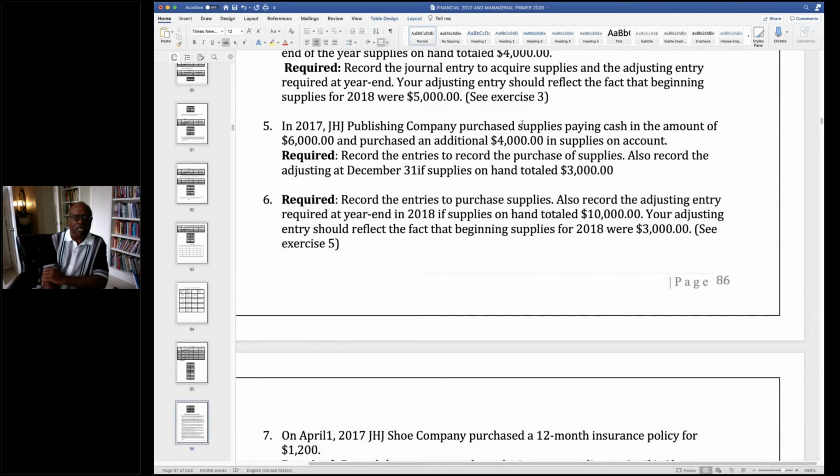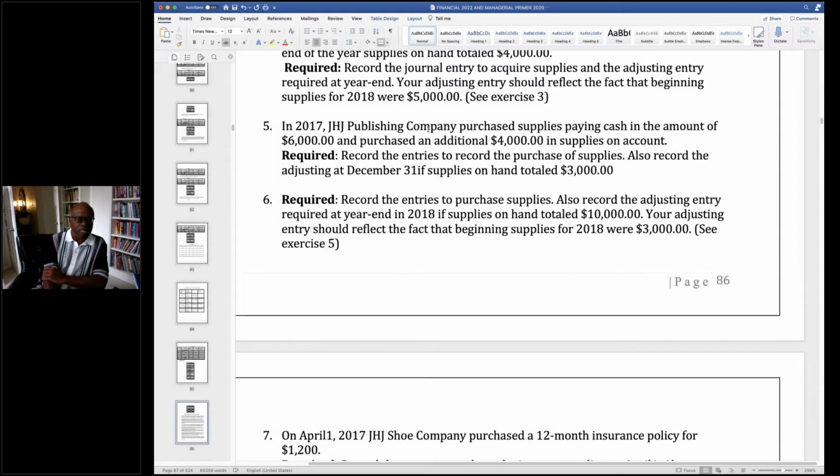So the publishing company is similar. You purchase supplies paying cash in the amount of 6,000, and got an additional 4,000 on account. Record the entry, assume you have 3,000 left. So if I look at this, what's my adjusting entry going to be? So we don't have to go in.